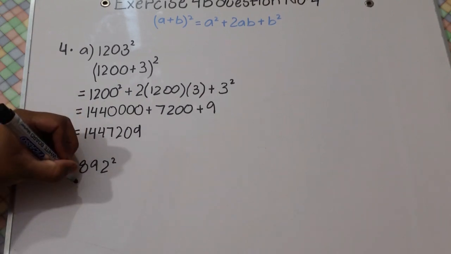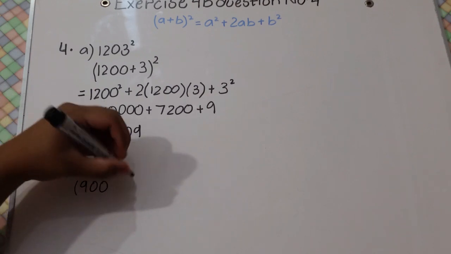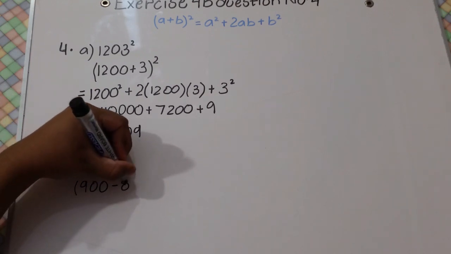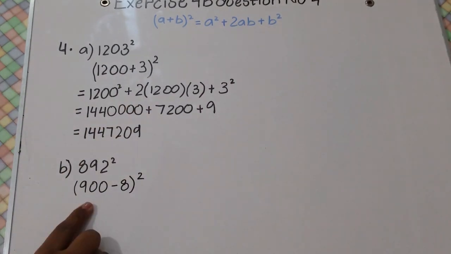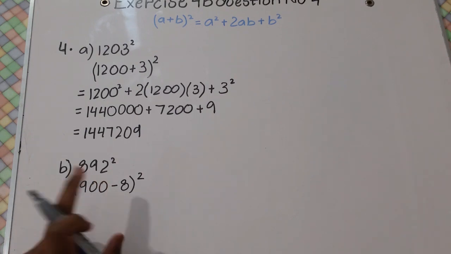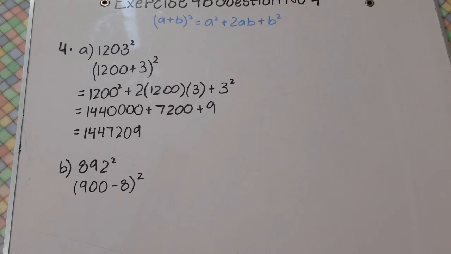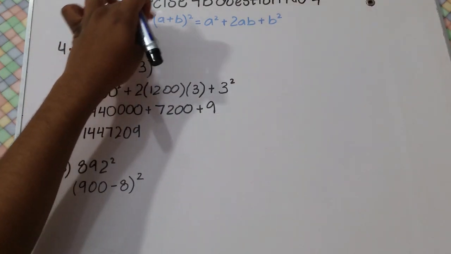If I write 900 and then subtract 8 from it, and put a whole square, because 900 minus 8 would be 892. I cannot do it by adding, so we do it by subtracting. It becomes this form, but the sign is negative, so we are going to use the negative identity also. Now it won't be a plus b, it would be a minus b.